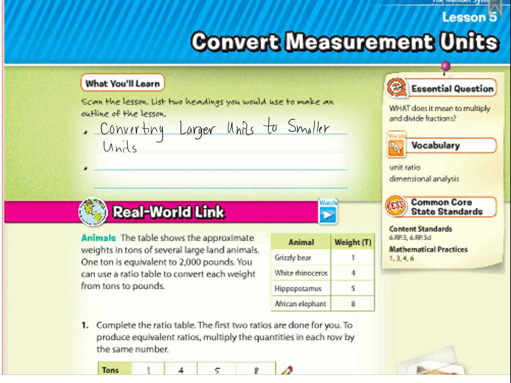And then same thing, but converting smaller units to larger units.